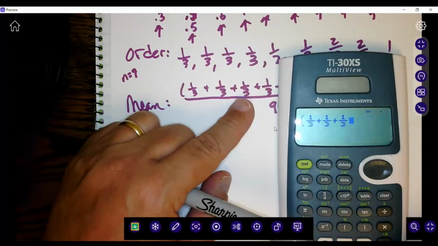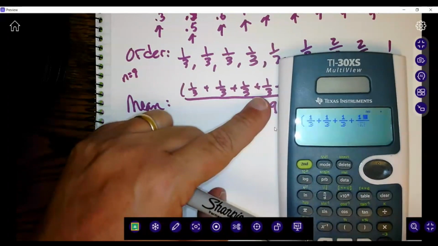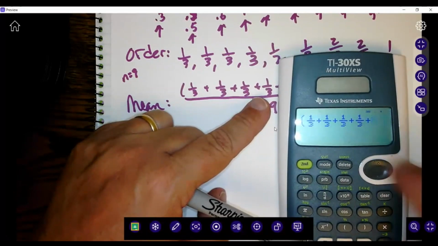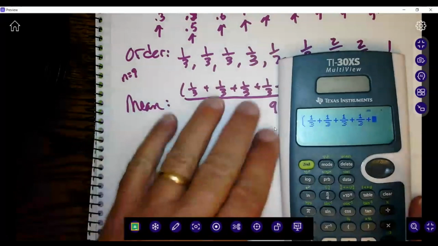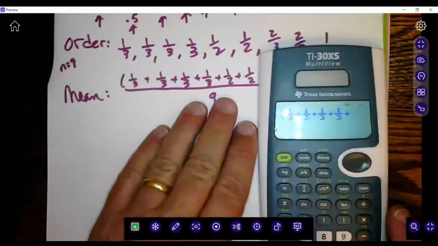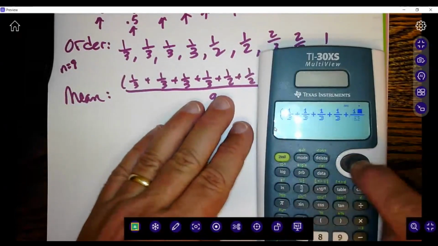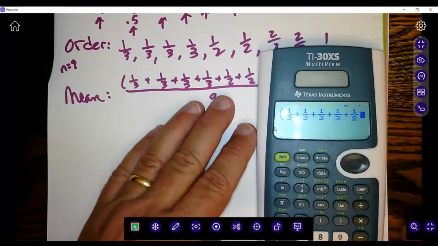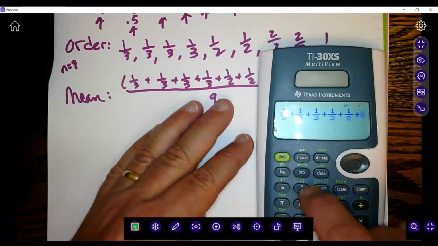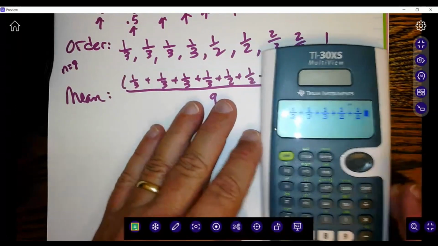1/3, plus the fourth 1/3, plus. So I have 1, 2, 3, 4 of the 1/3. Now I have 2 1/2s to put in. So plus fraction 1/2 plus fraction 1/2.